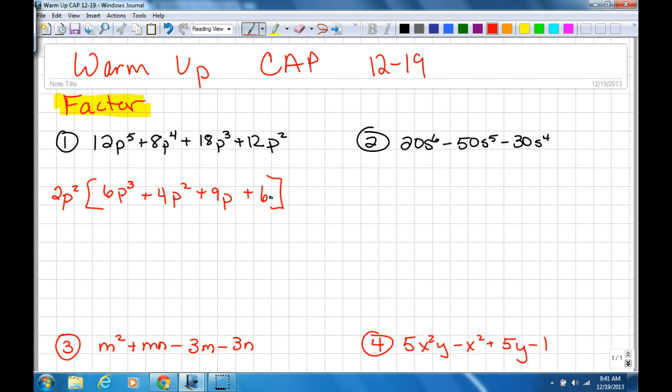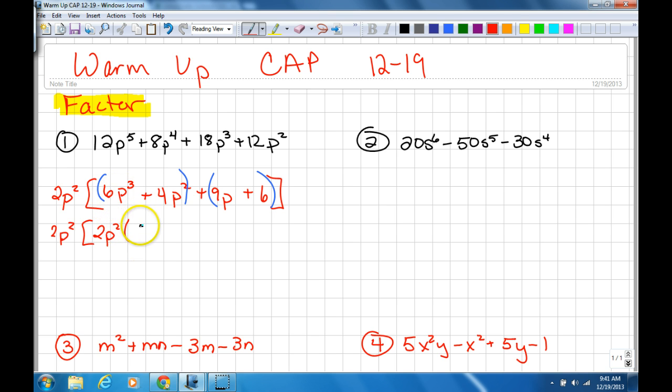All right? Now, the inside of the brackets, I want to do by grouping. So I could basically do one with this group and one with this group. All right? So I'm going to leave that 2p squared on the outside. So what can I take out of the first group? A 2p squared again.